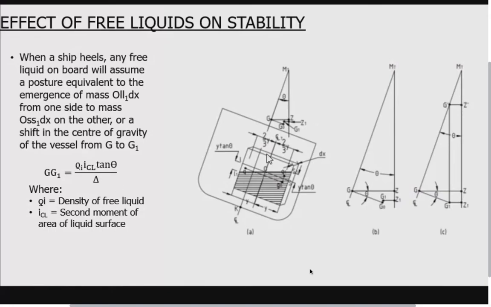All right. So it means that we are having a certain angle here, so then we have to form the angle. There is a proof of how to prove that JJ1 is equal to the density of liquid and second moment of area of liquid surface times tan theta all over the displacement.